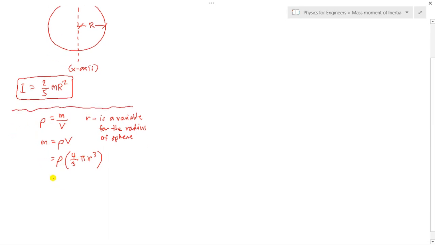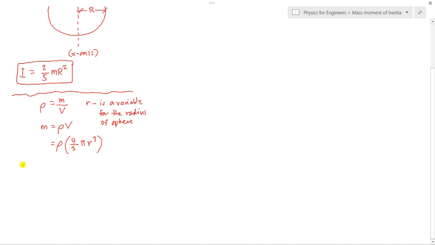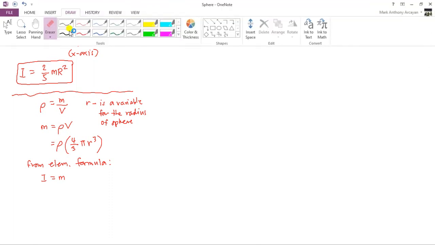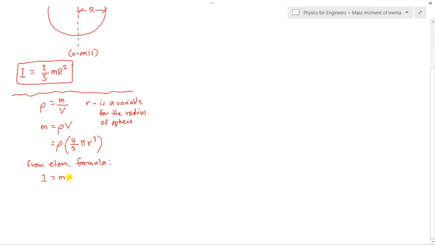Okay. So here, from the elementary formula, we can say that the mass moment of inertia is just equal to the mass times the square of r.